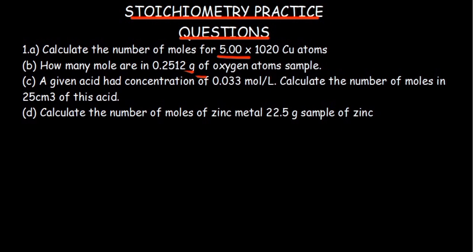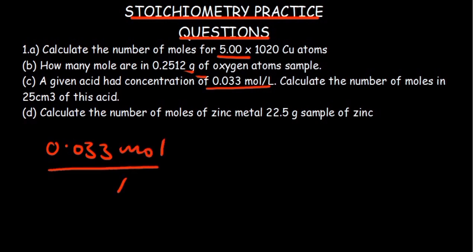Let's move to C. C says a given acid at a concentration of 0.033 moles per liter, calculate the moles in 25 cubic centimeters of that. We are asked to determine the number of moles.